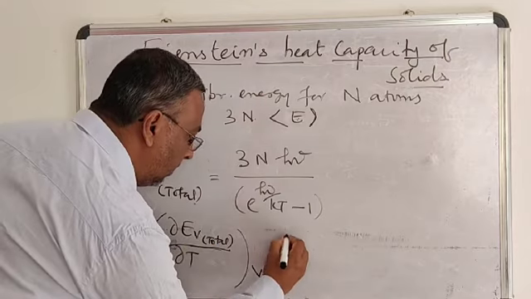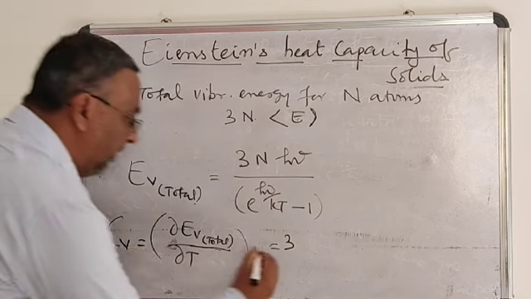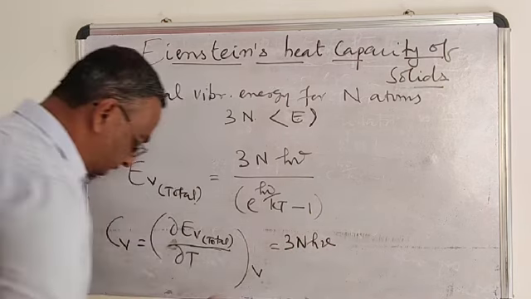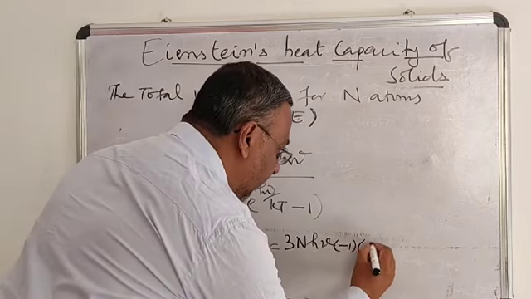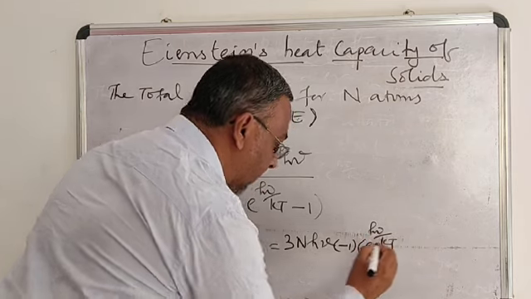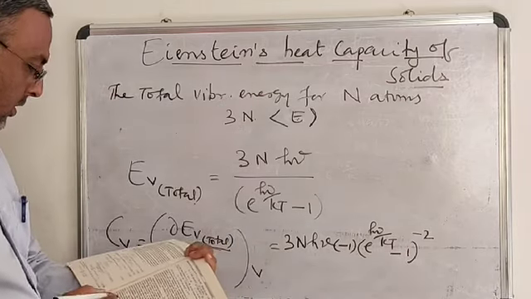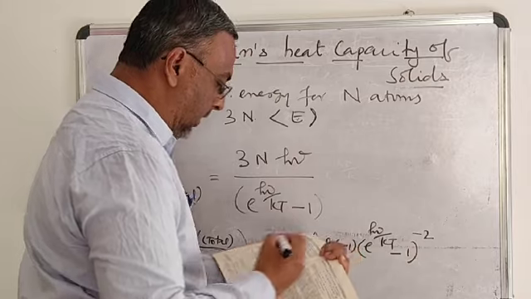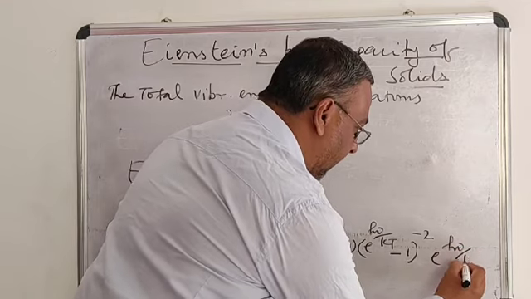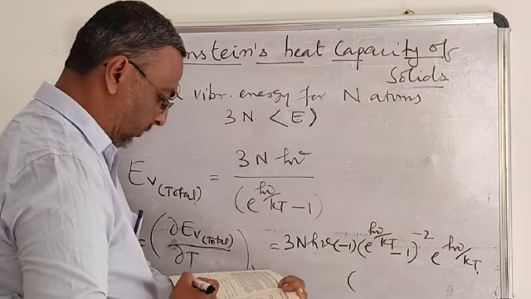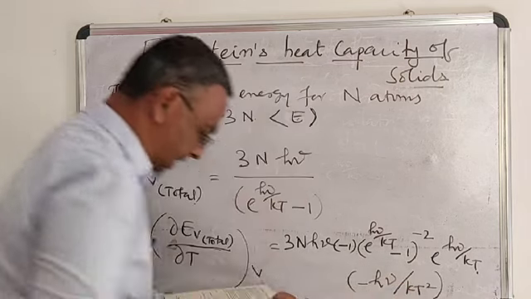How? When I differentiate this, I will get 3 N h nu into minus 1, e power h nu by kT minus 1 power minus 2, then e power h nu by kT into minus h nu divided by kT square.